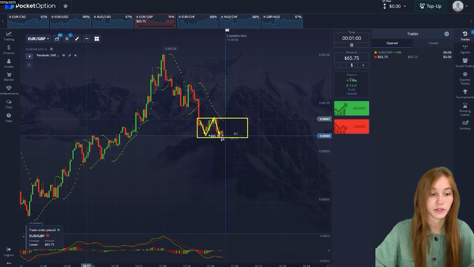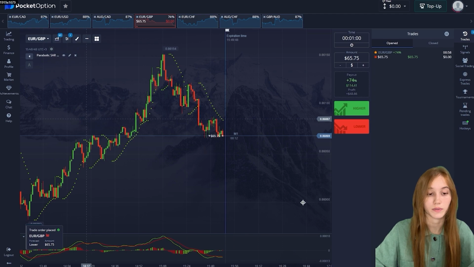And the general trend is stable, and trend is now starting to slow. We have 3 candles with decreasing.